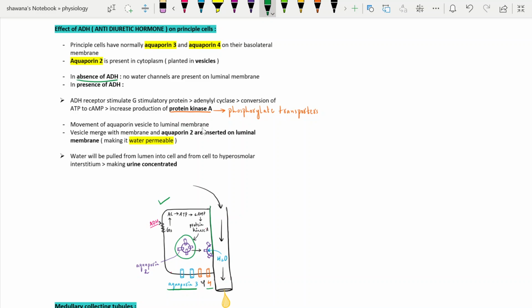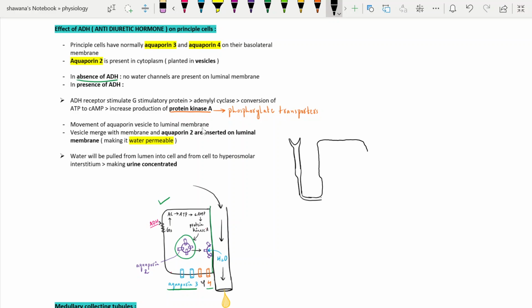the luminal membrane. So again, let me draw a nephron for you. This is a nephron, this is the PCT, the proximal convoluted tubule, the descending limb, and then the thin ascending limb, the thick ascending limb, the early distal, late distal, cortical collecting tubule, and the medullary collecting tubules.